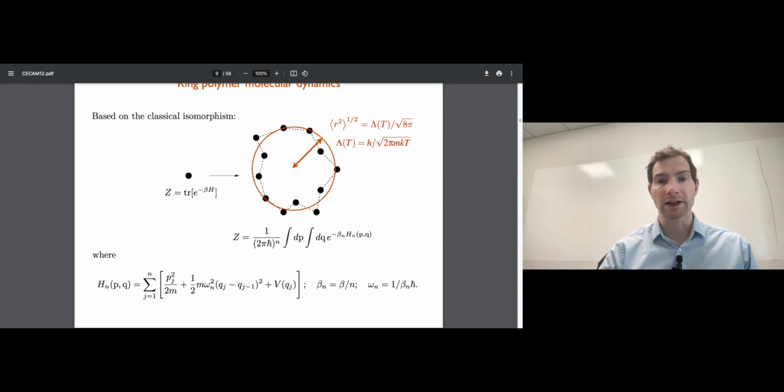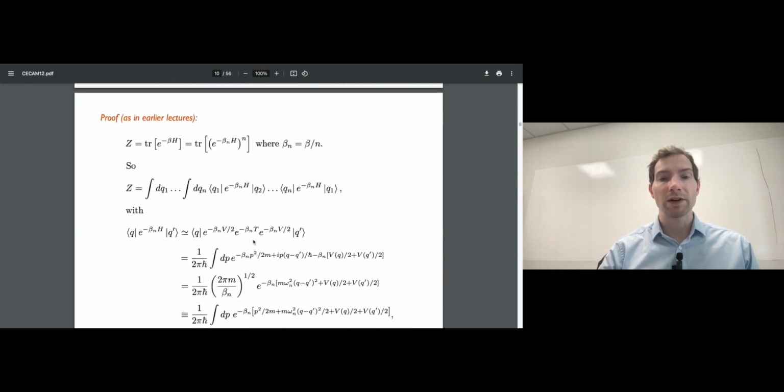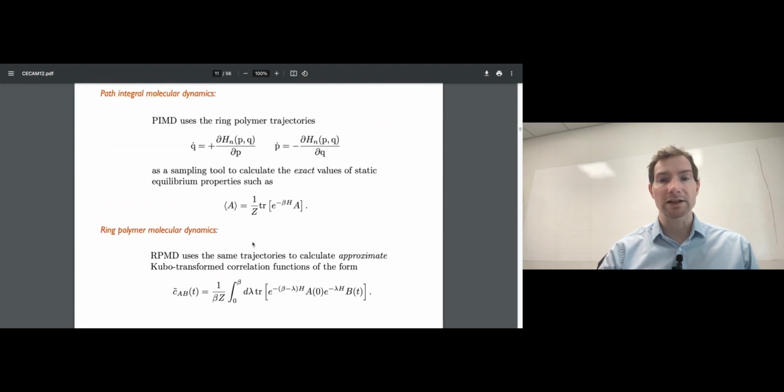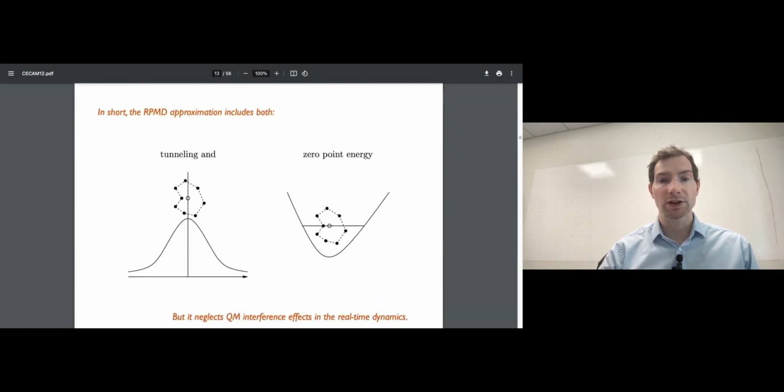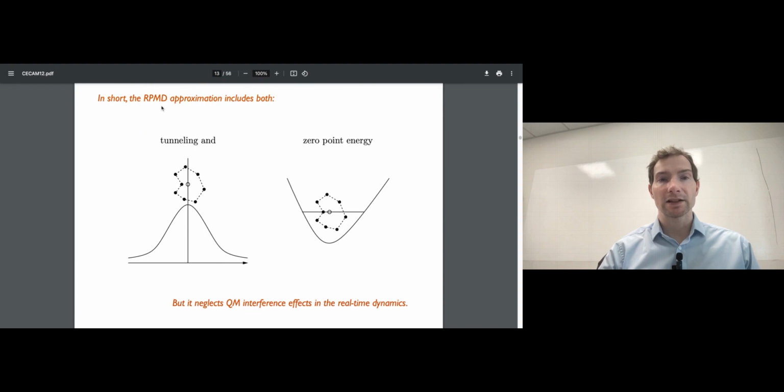But what they say here is that what you get with this particular technique is tunneling rates. So if you're interested in the property for something to tunnel through something else, then this can be captured by the equilibrium classical dynamics of a ring polymer.